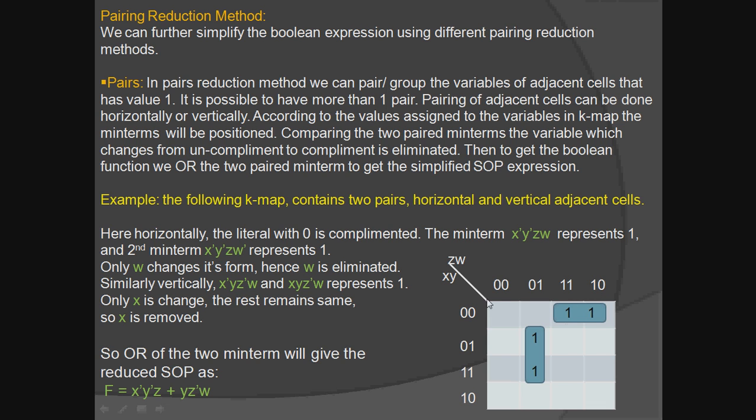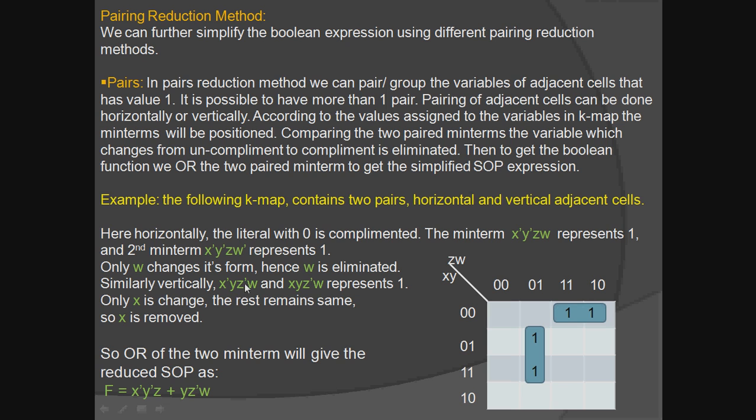Now when you see these min terms, comparing this and this, only w changes its form from w to w complement, right? So hence w gets eliminated. Similarly, vertically, if you see here, you get the min terms, that is x complement, y complement, z complement, w, and in the second one you have x y and then z complement w, which represents the second one.